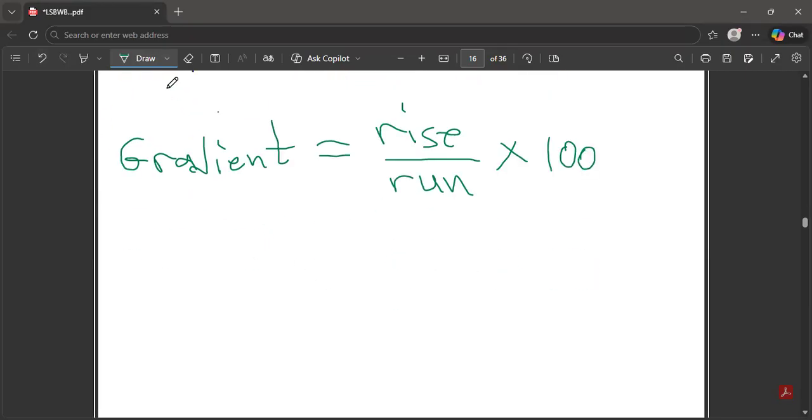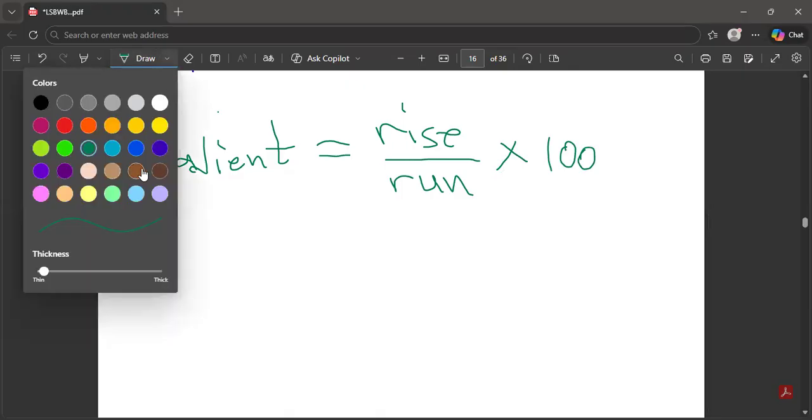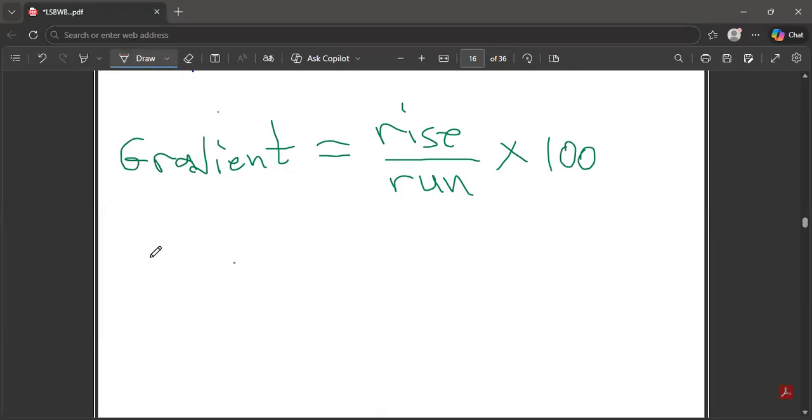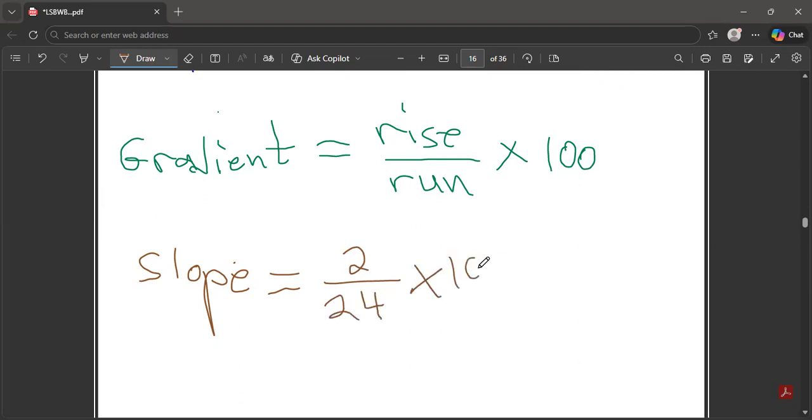So finally, we can calculate for our slope the fastest way. The slope will be equal to 2 over 24 times 100.